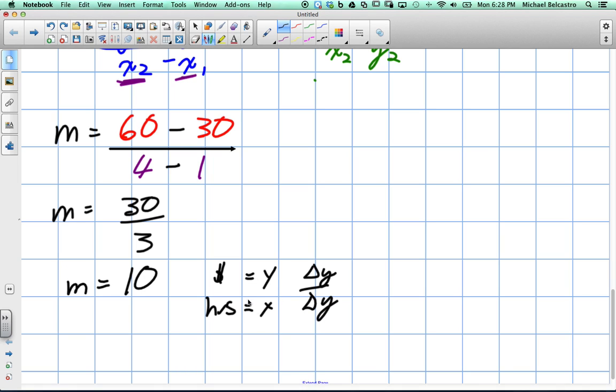So if we're going to give units to this, we would say it's dollars over hours. So the y is dollars, over x, and x was hours. So our m is $10 over hours. But how do we normally say that if we're talking about paying somebody? We would say dollars. What would we say instead of over or divided? Per hour. Per hour, exactly. So we say it's $10 per hour. That's what that idea is.